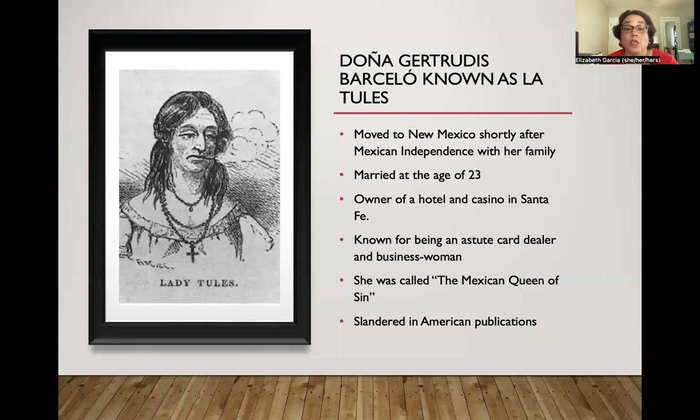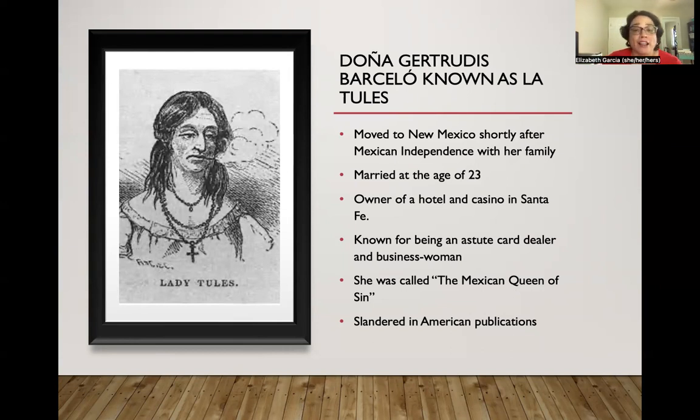They were all the ones who basically attended her various businesses, which included a hotel and a casino in Santa Fe. She was also known for being an astute card dealer and businesswoman, and she was often called the, quote, Mexican Queen of Sin.